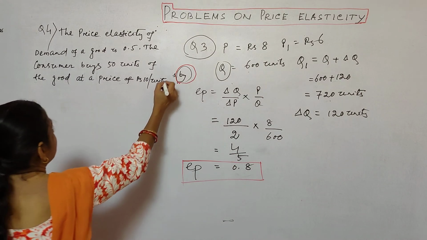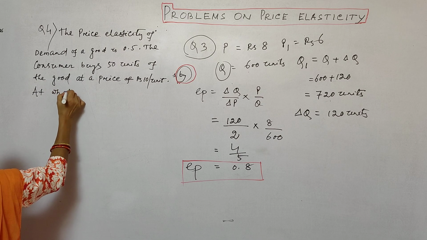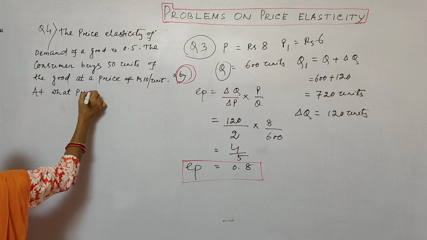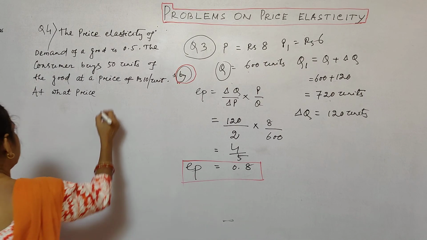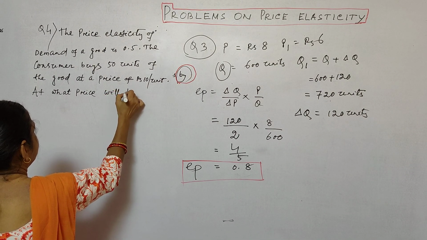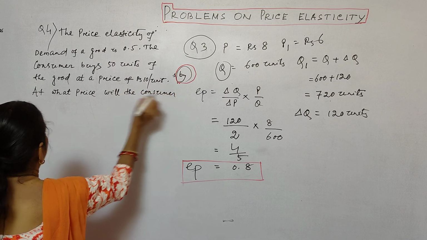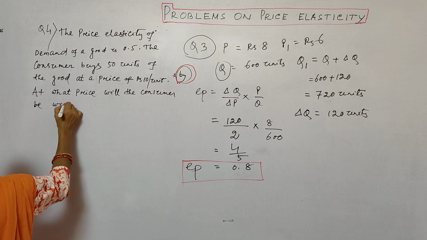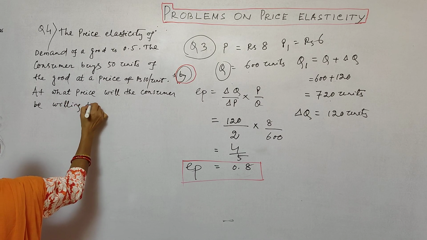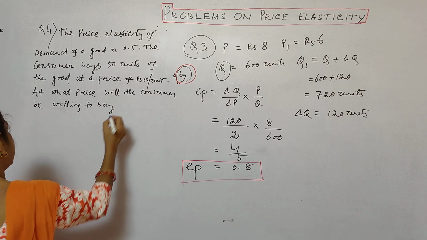At what price will the consumer be willing to buy 60 units?